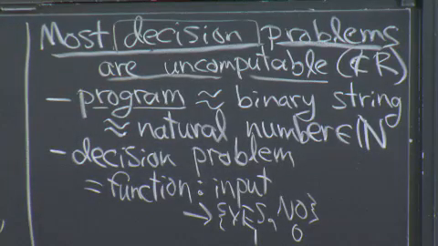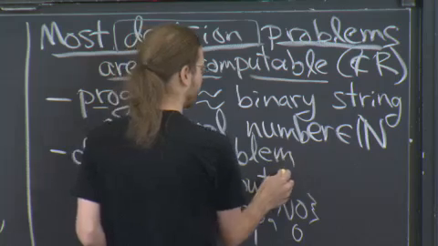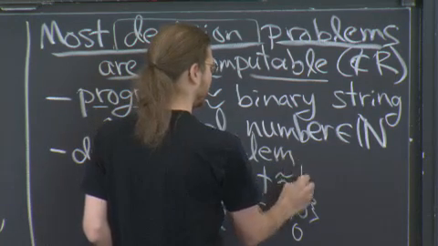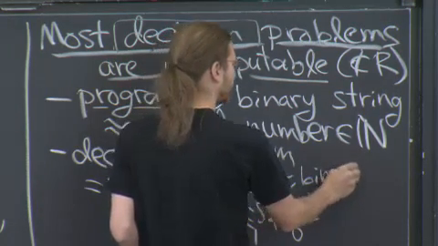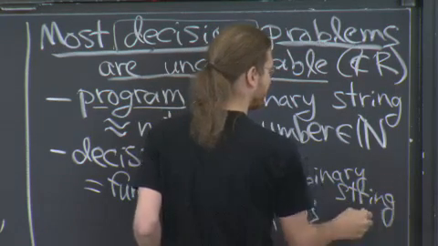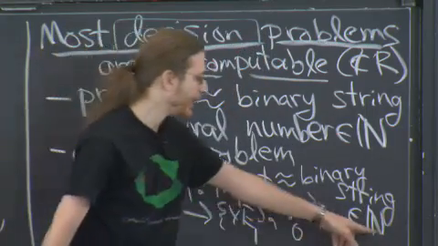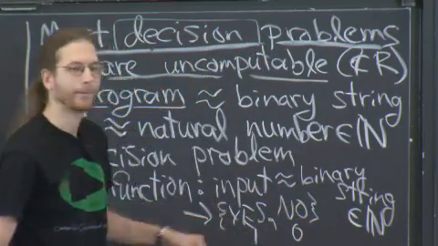So what's an input? Well, an input is a binary string. So an input is a natural number. An input is a binary string, which we can think of as being in N. So we've got a function from N to 0, 1.